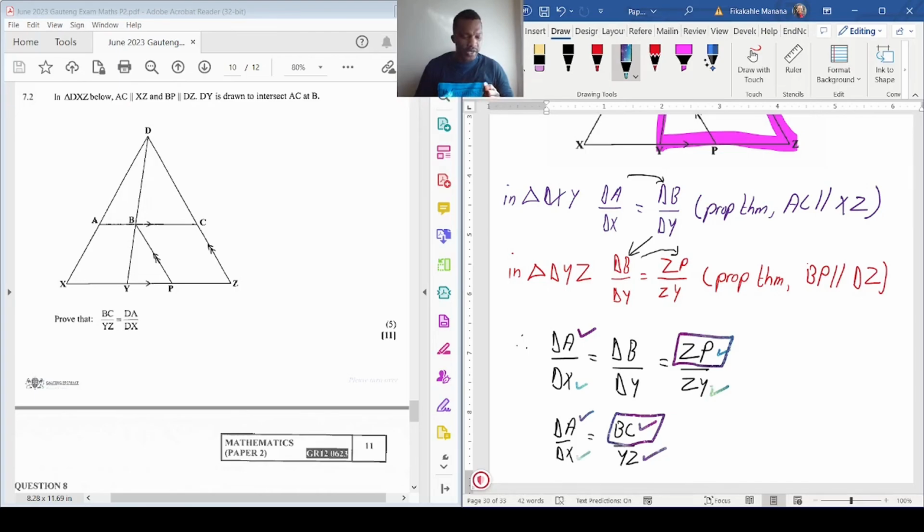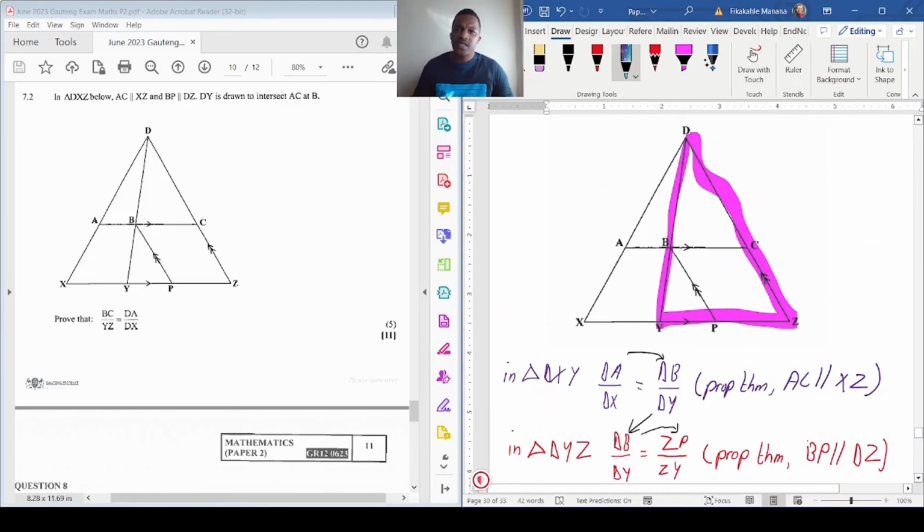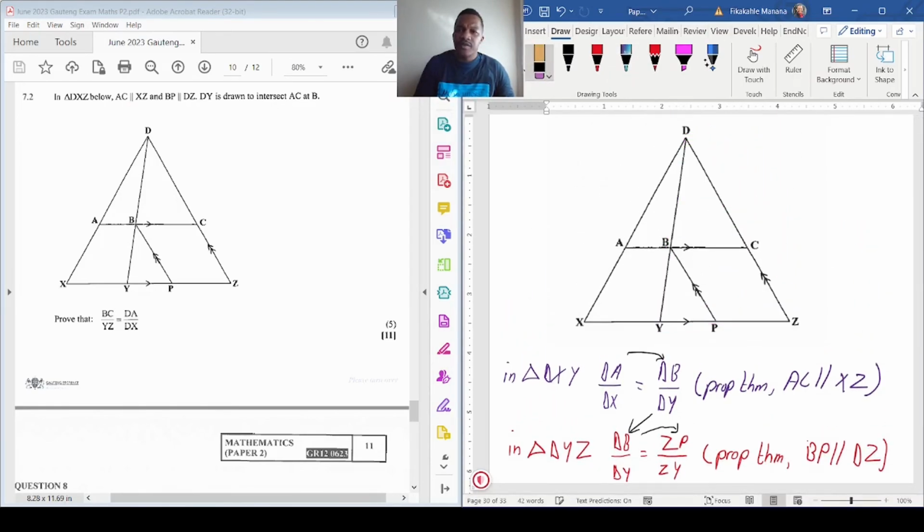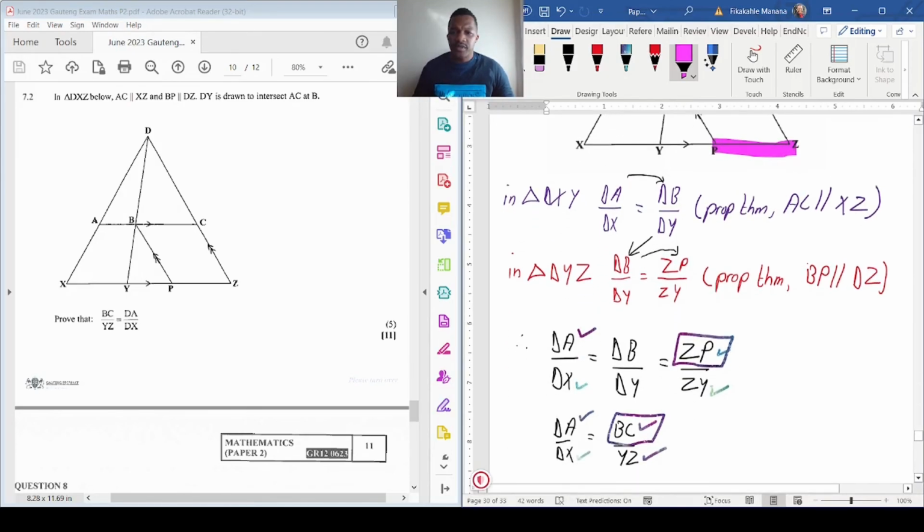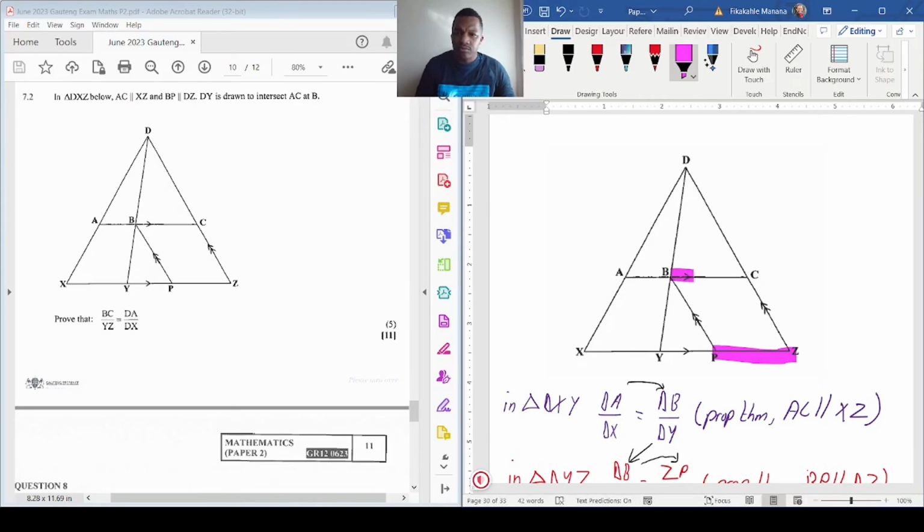Now we need to look at the relationship between BC and ZP. Let's see if we can find a relationship between, let me highlight it, ZP or PZ, which is that, and BC. What's the relationship? They must be the same because it's a parallelogram. Do you see that? It's a parallelogram. All right.